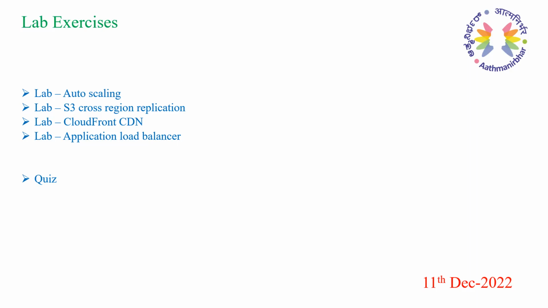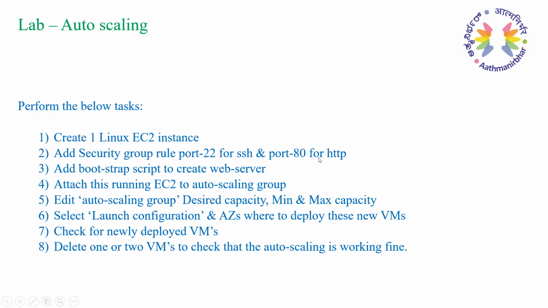What is all about auto scaling? EC2 auto scaling helps you maintain application availability and lets you automatically add or remove EC2 instances by using scaling policies that we define.